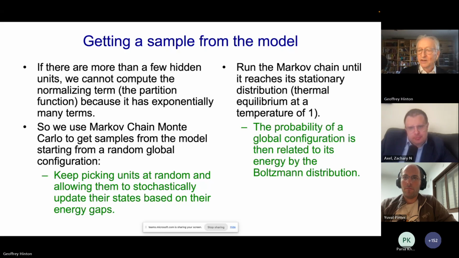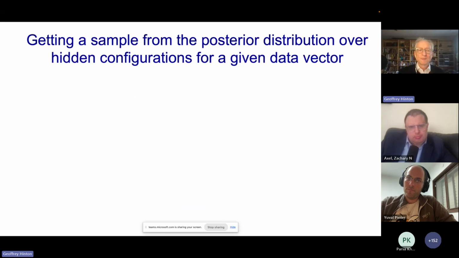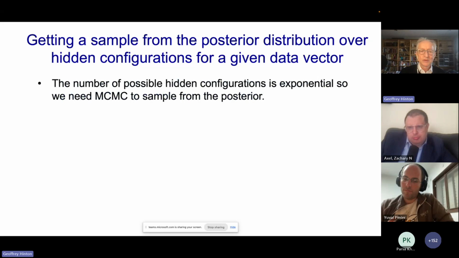So you've got a sample from the model running at a temperature of 1. And the probability of getting any particular sample will be the same as the probability you could have computed if you could do the computation, which you can't because it's too big. So the probability of getting a joint configuration of the visible and hiddens would look like that. If you want a sample of the hiddens given a particular visible vector, what you do is you clamp the visible vector on the visible units. So you don't sample those, you just sample the hidden units.